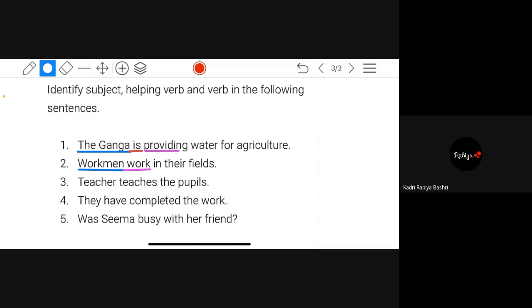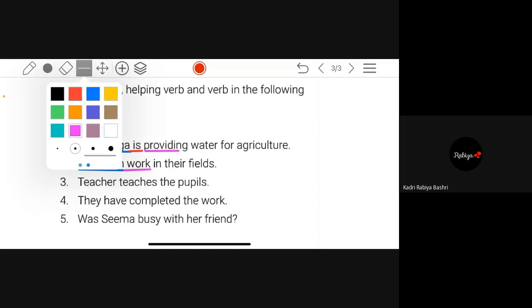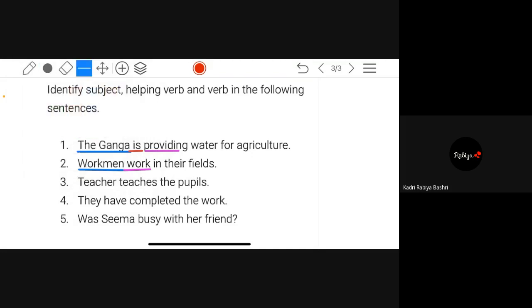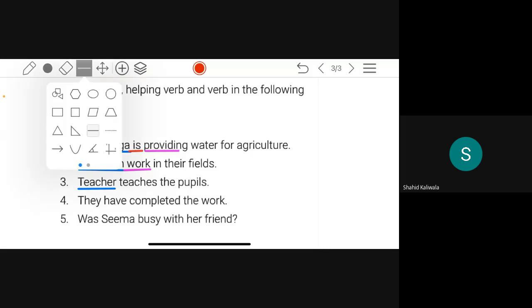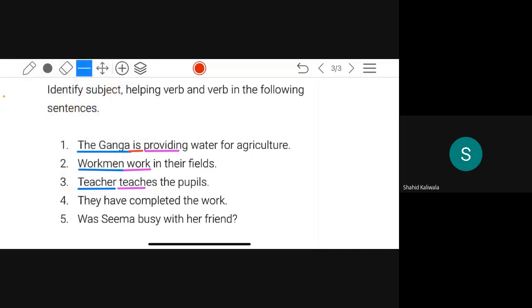Then number three. Teacher. Teaches. Teaches, that's the main verb. Again, there is no helping verb, right? Yes.